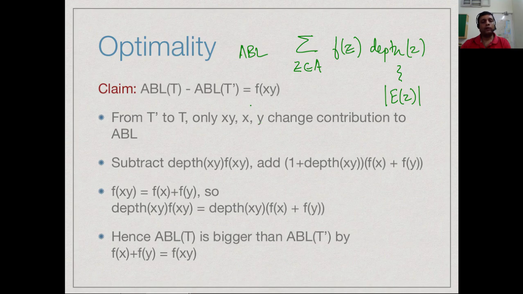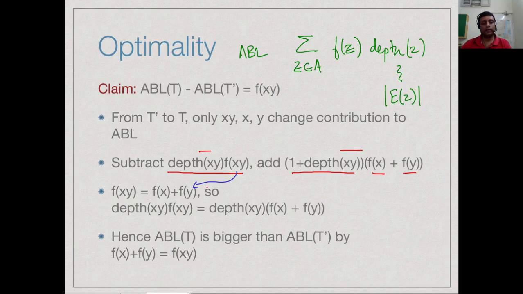So what I will do when going from T prime to T is remove this contribution of the composite letter xy, and then at the next level, which is 1 plus the depth of xy, I will add the node fx and the node fy, so I'll get fx times that plus fy times that. So I'm subtracting this amount on the left, and adding this amount on the right. Now, f of xy is nothing but fx plus fy.